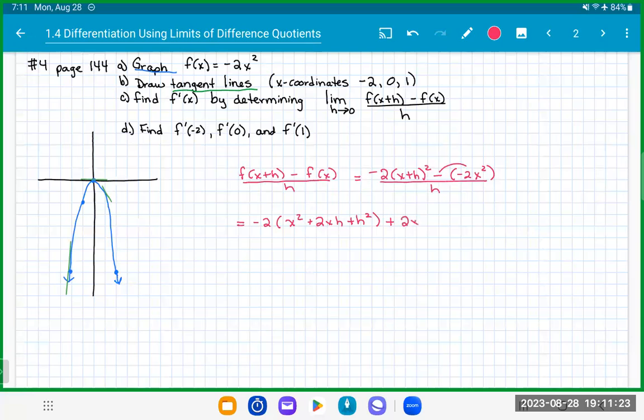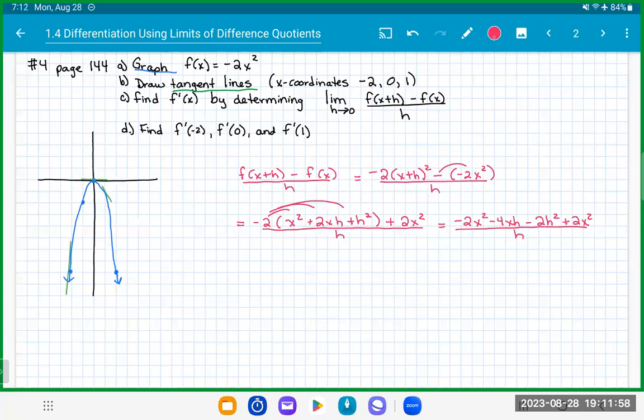So that's going to be 2x squared, all of that over h. Okay. So the next thing we want to do is distribute this -2 out here to all those terms. And that's going to give us -2x squared minus 4xh minus 2h squared plus 2x squared, divided by our h.